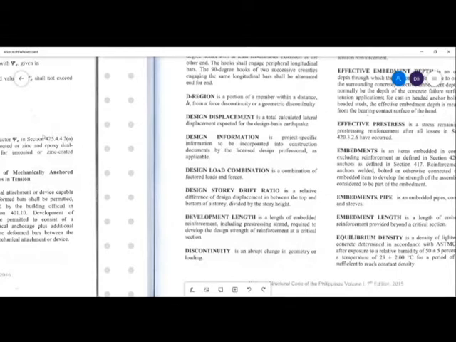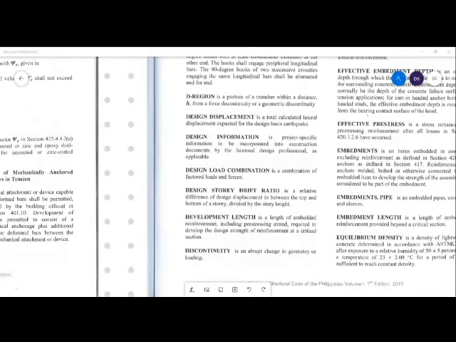So first, what is development length? Development length is the length of embedded reinforcement, including pre-stressing strand, required to develop the design strength of reinforcement at a critical section.